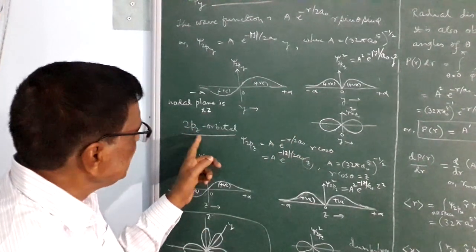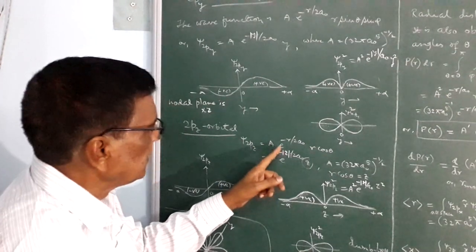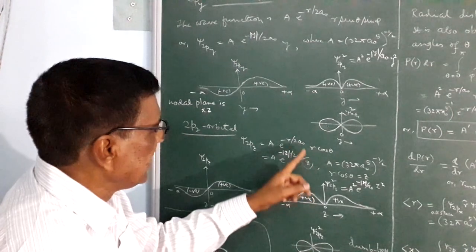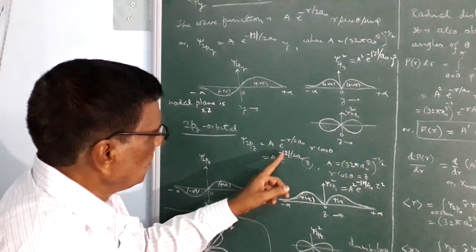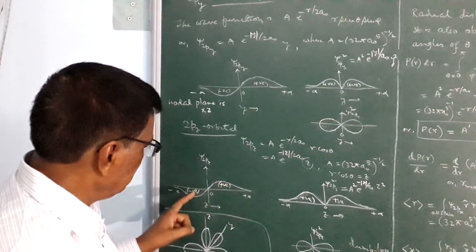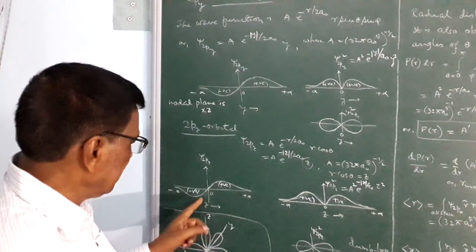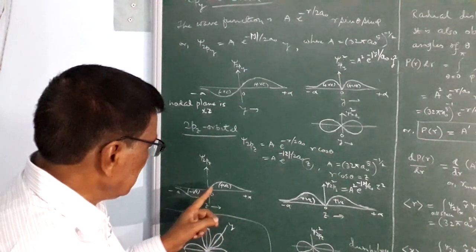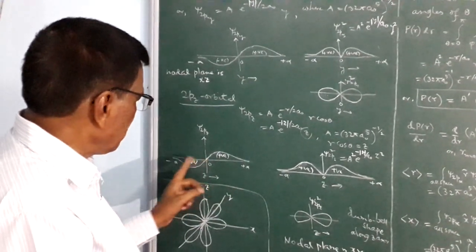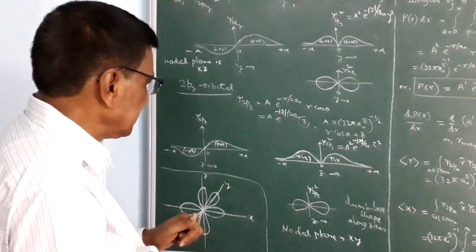For the 2pz orbital, the same features apply. Psi 2pz equals A into e to the power minus r by 2a naught into r cos theta, where r cos theta equals z, and r equals modulus of z. Plotting psi 2pz versus z, it is positive from 0 to plus infinity and negative from 0 to minus infinity, and again it is rotated by 360 degrees.